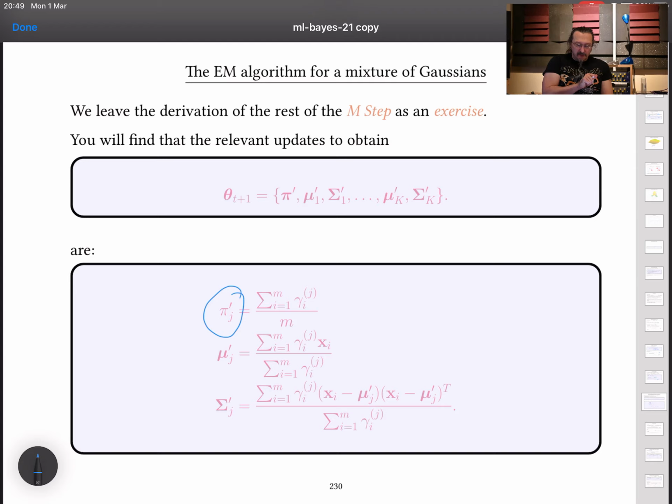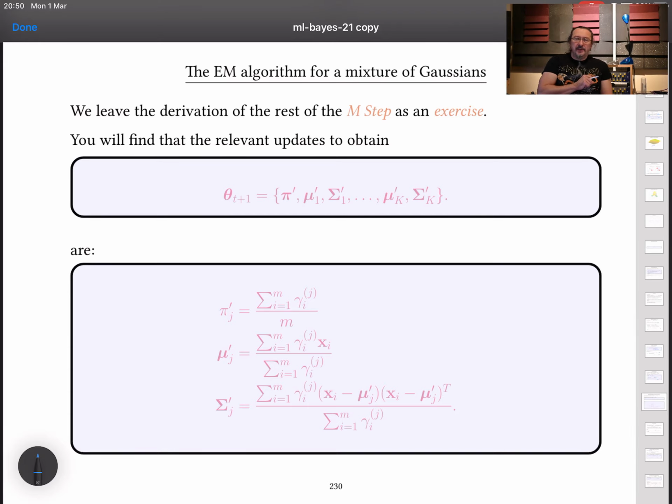So for the mu's and the sigmas, you're differentiating, setting to 0 and solving. But for the pi's, you're differentiating, setting to 0, solving, but you're introducing a Lagrange multiplier to make sure that those values end up summing to 1. And if you do that, and this is an exercise to complete for your supervisions, you will find that the solution is given by the updates in the final box on this slide. Okay, so you know what answer you're aiming for.